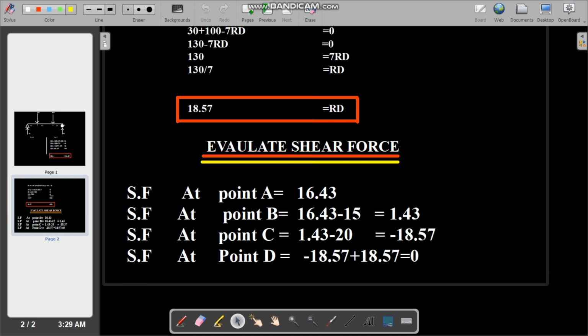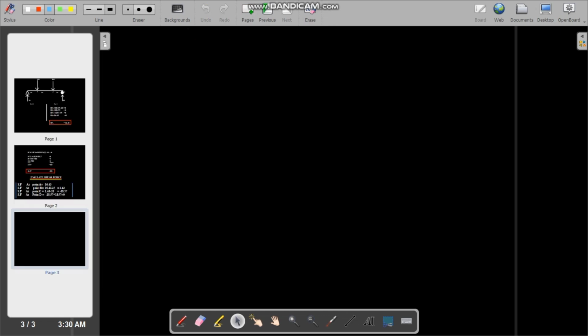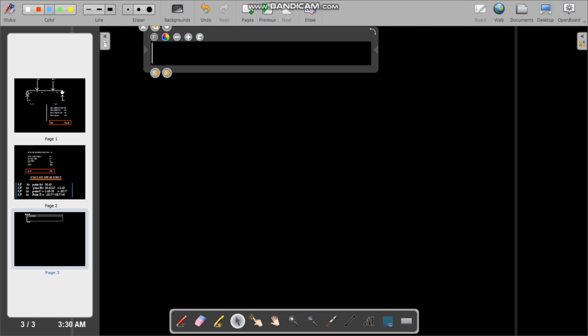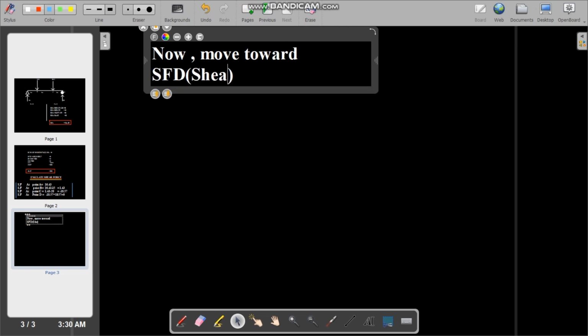The most important thing you have to remember is that if your answer at the last point is 0, then your shear forces are correct. If your answer at the last point is some 5, 10, or anything else, your answer is incorrect. Keep this one thing in your mind.